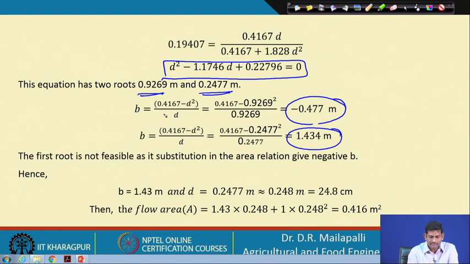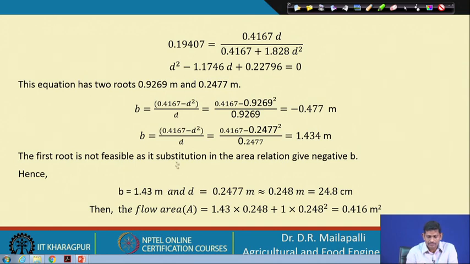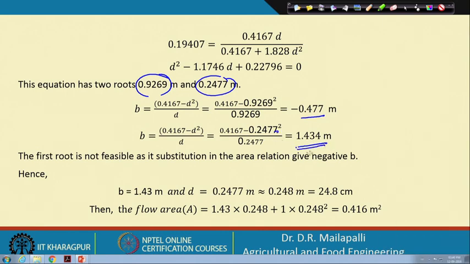Substituting one root into this, you will get B, so D has two roots here. So, substituting D is equal to 0.9269, you get minus 0.477, and substituting 0.2477 here, you get 1.434.